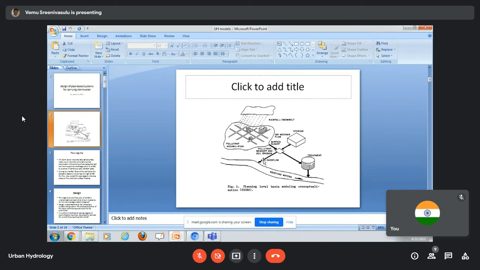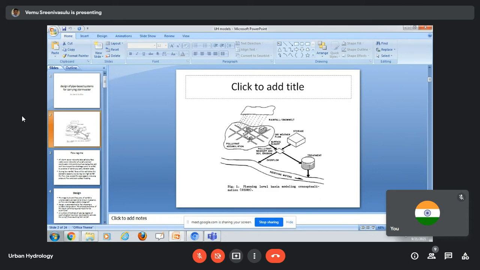If the pollutants are not within the limit, it will be sent to the treatment plant, and that storm water will be treated here, and after reaching the desirable levels, it will again be diverted to the river. So this is the overall picture.